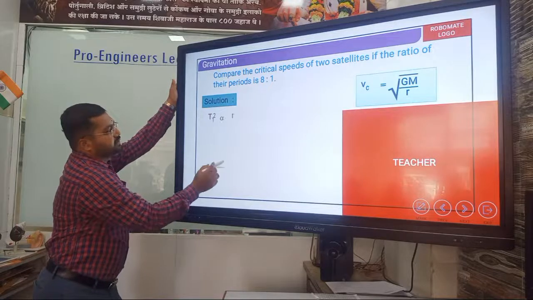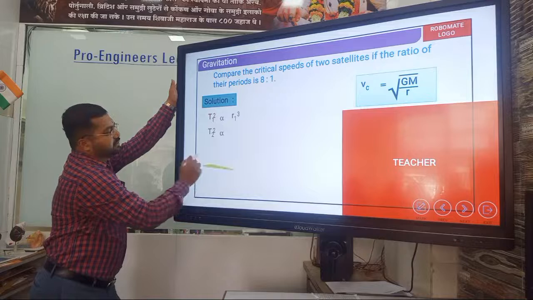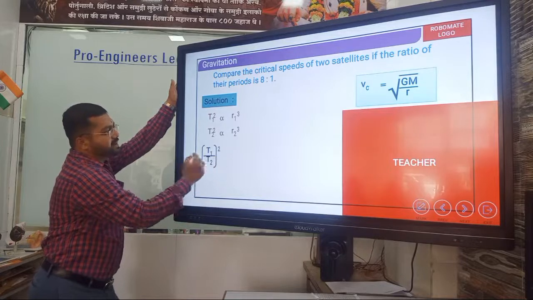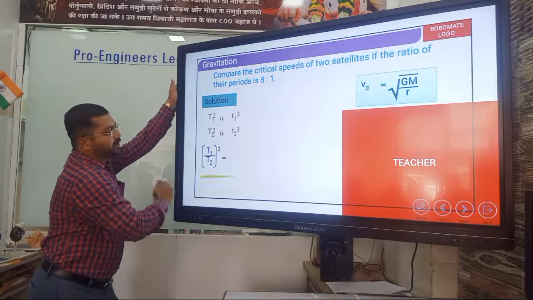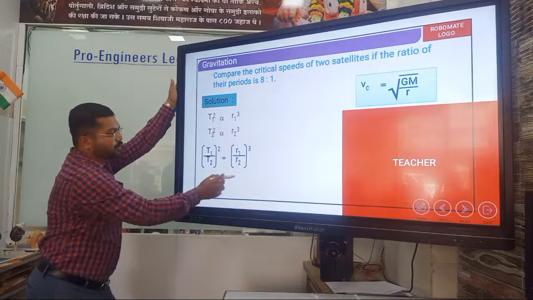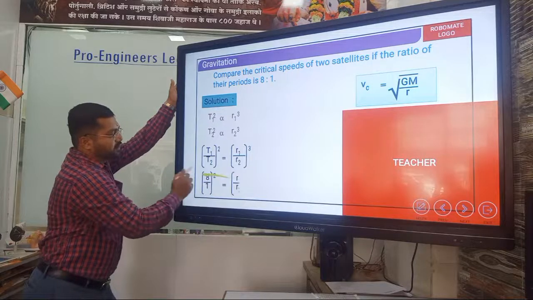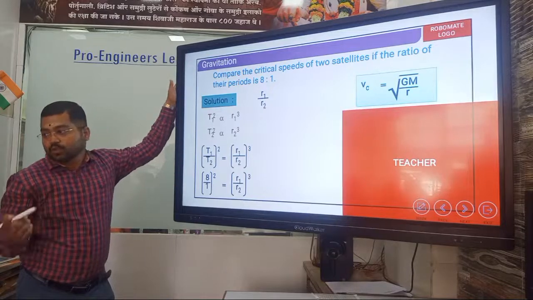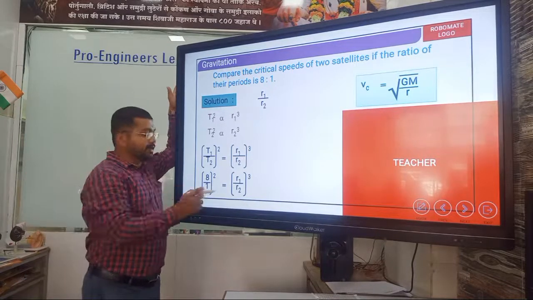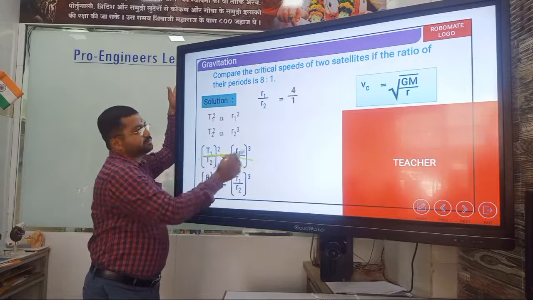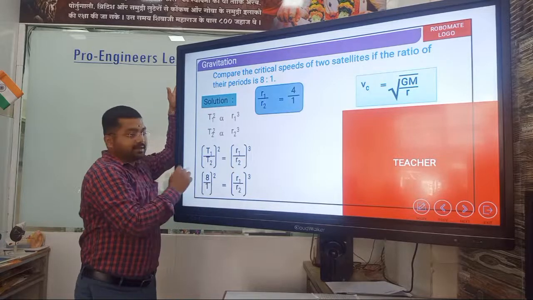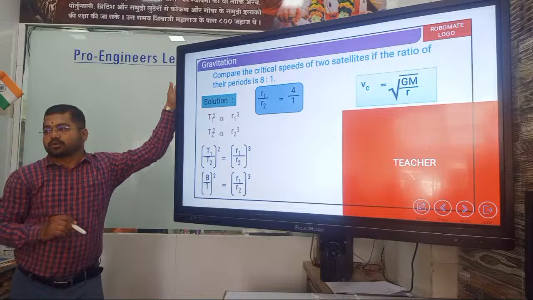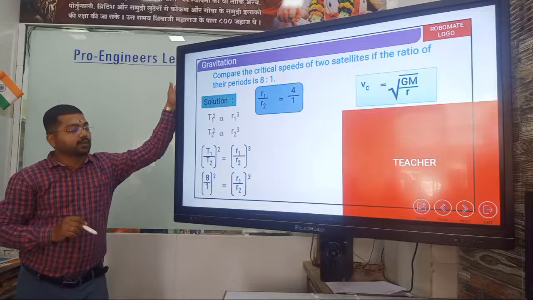So we write T1 square is directly proportional to R1 cube, T2 square is directly proportional to R2 cube. Comparing these two, we have the ratio of T1 and T2 as 8:1, and so taking square root, it became 4/1.